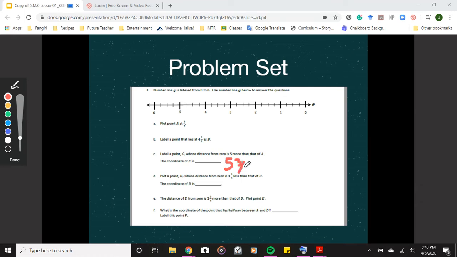So that means we find 5 and 3/4 on this number line, and we put the letter C. So 5, 1/4, 2/4, 3/4, C. That's where C is. B is at 4 1/2, so B would be here. And A is at 3/4.